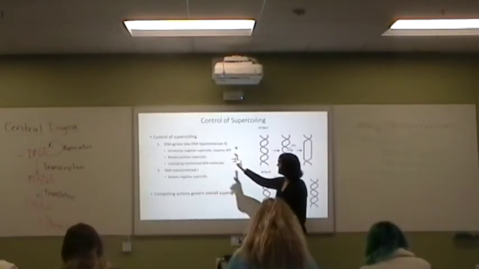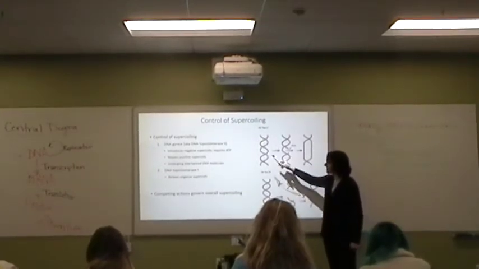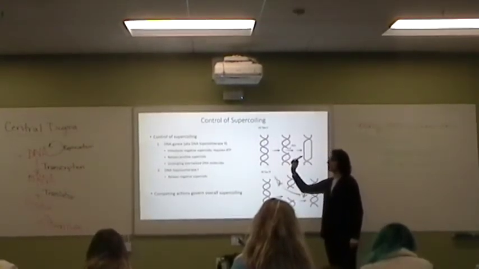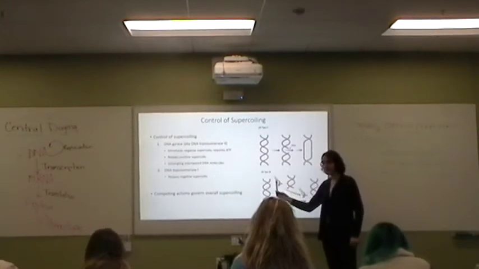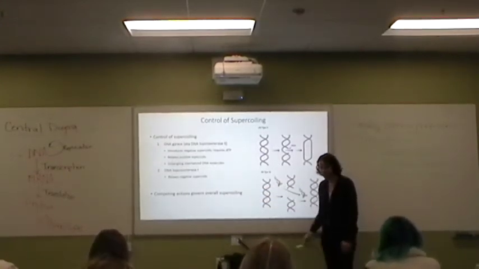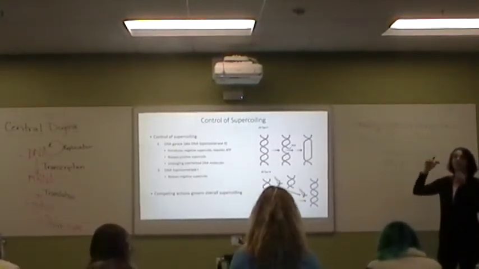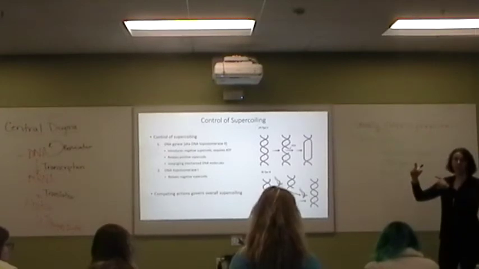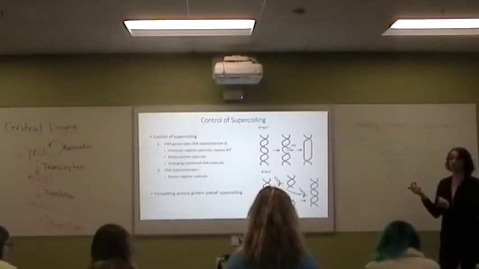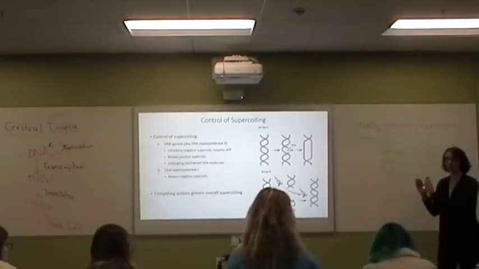But anytime we have different structural types of DNA, so we have two strands of DNA, one of them supercoiled and one of them not, those are called topoisomers, where they have the same molecular composition, but different structural compositions. So they're topologically different, but they're still isomers because they're still the same thing.